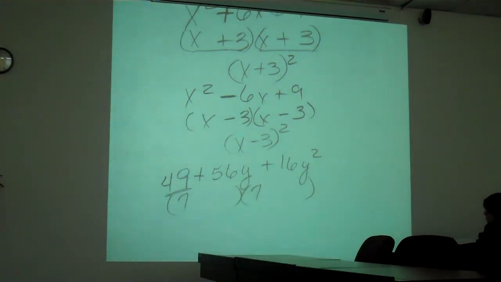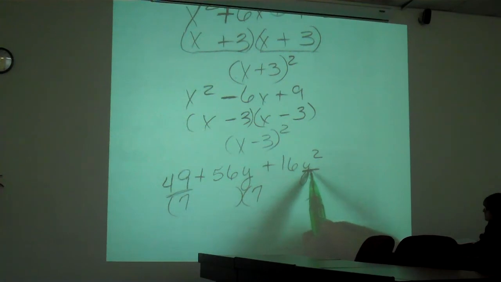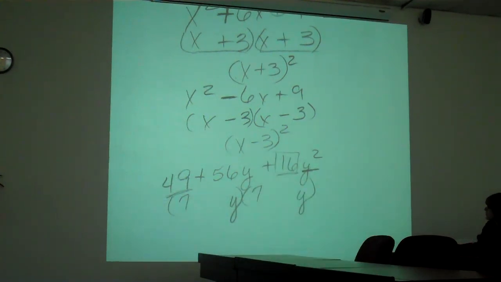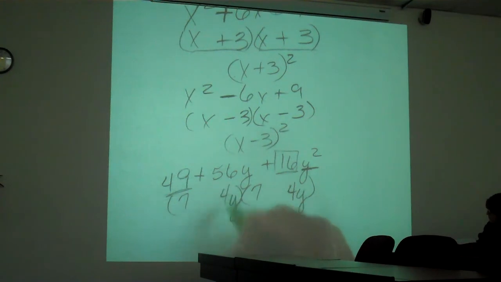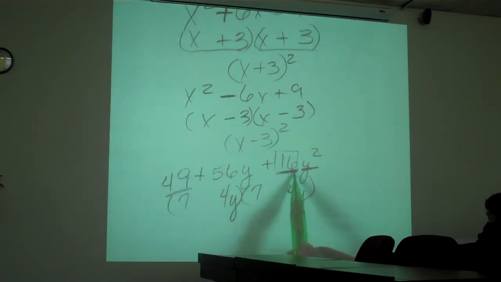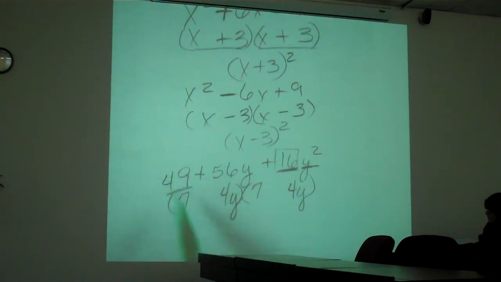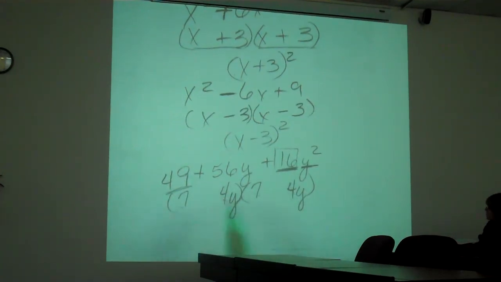We don't go into the 1 times anything here. We know we need a y on both of them. And what is times itself for 16? 4 times 4. What is it called when we're trying to figure out what times itself is that? It's called a square root. It says what squared, or times itself, is that? The square root of 49 is 7, the square root of 16 is 4.